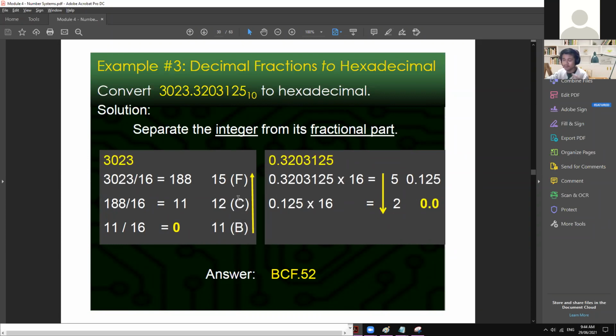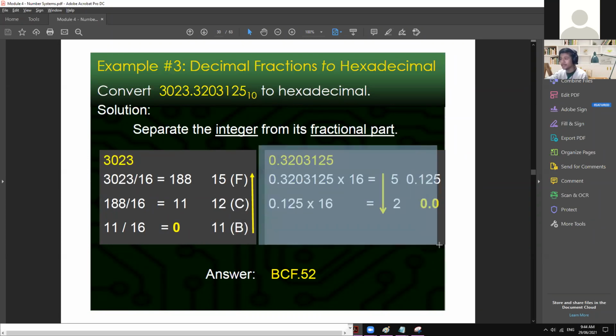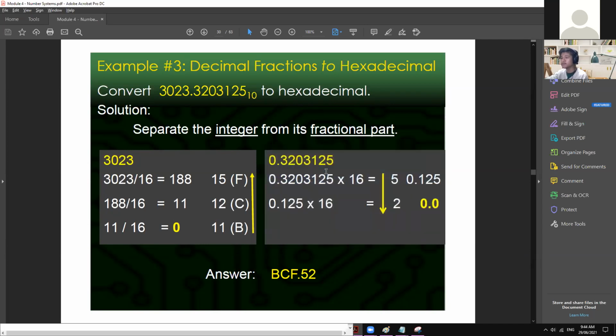Just keep it for now, and then you can move on and start answering the fraction part. So 0.3203125 times 16. Again, it's now a multiplier since that's the process that we need to do when it comes to decimal fractions. You will get here 5.125. Just separate those two results: 5 for the integer part, and then 0.125 for the fraction part.